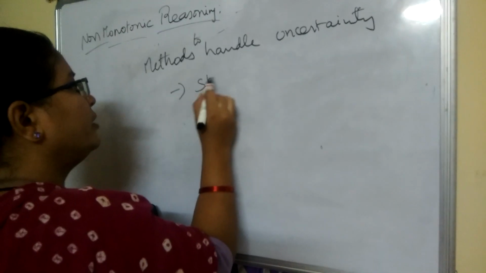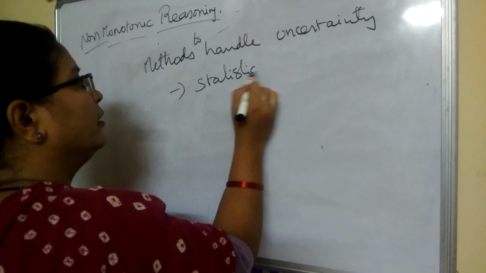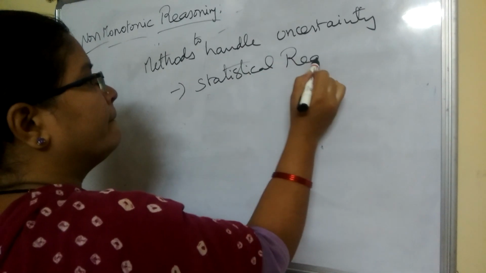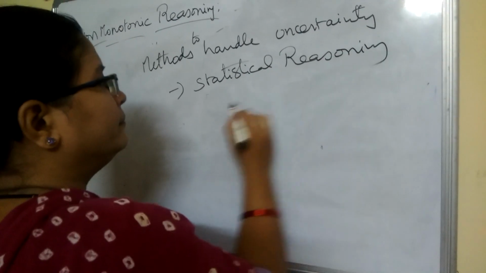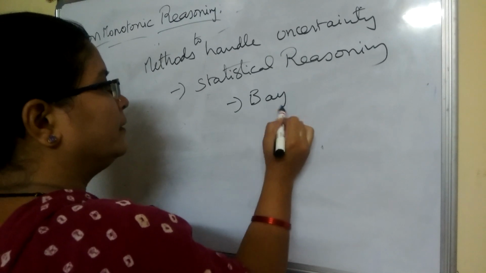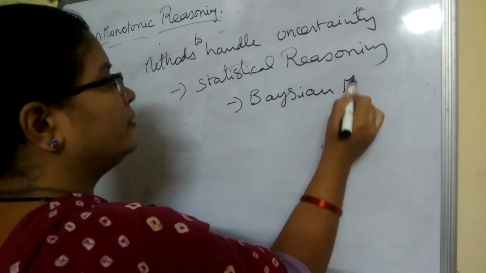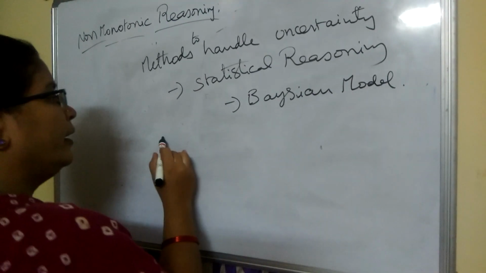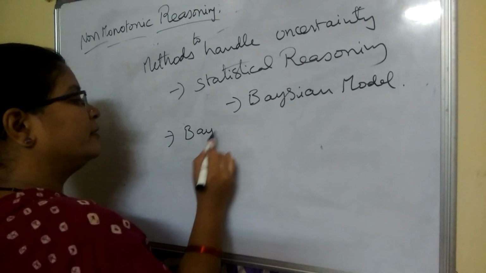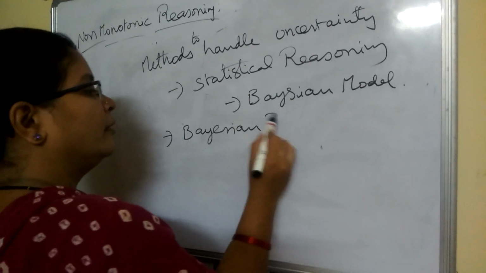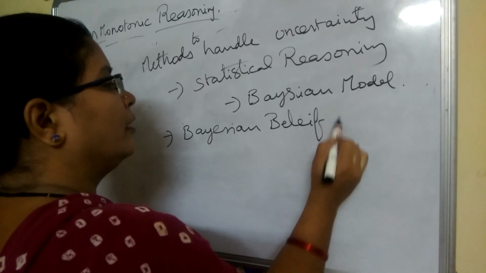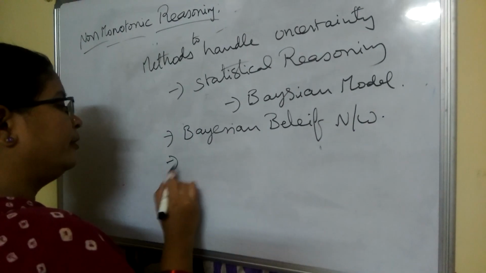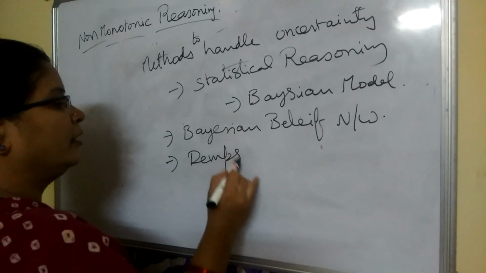Number one, statistical reasoning. Bayesian belief networks, also called the Bayesian model. Dempster-Shafer theory.